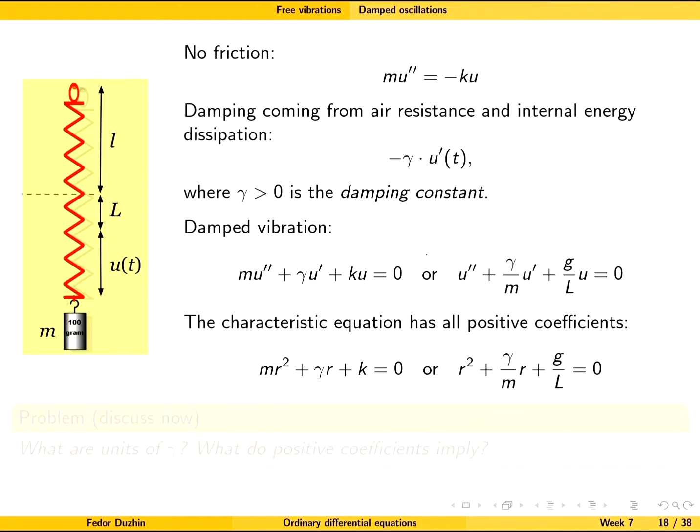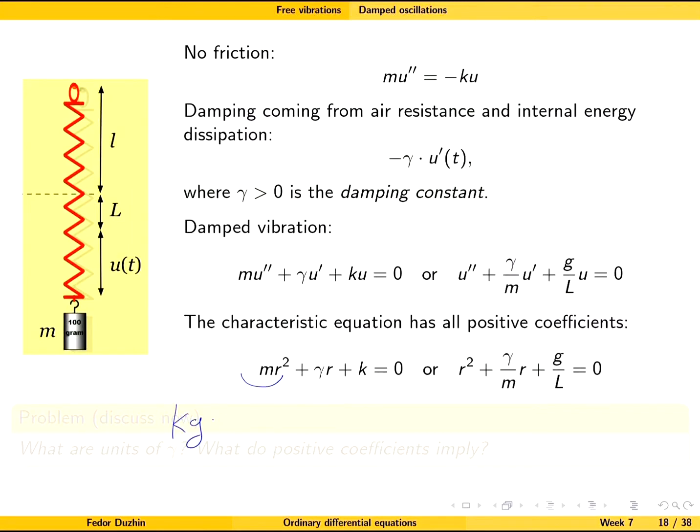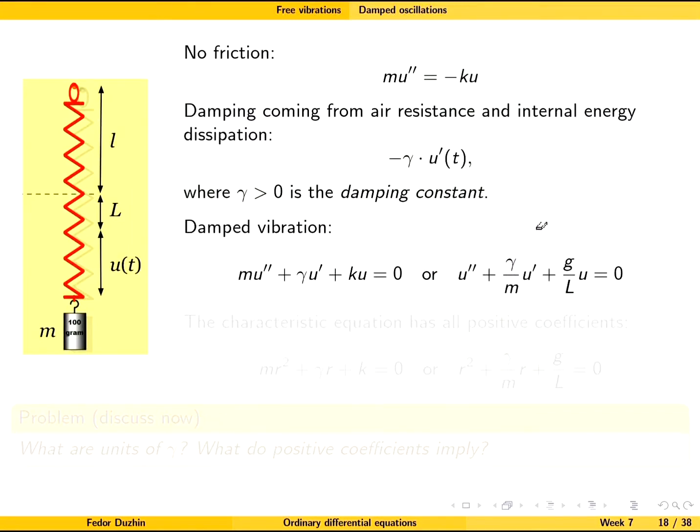So how do we figure out the units of gamma? The units of this term are kilograms times, oh sorry, not this. Let me look at this. The units of this term are kilogram, that's units of mass, times units of u double prime, which are units of acceleration, so meters per second squared. But of course, if you add three terms together, then the units of each term should be the same.